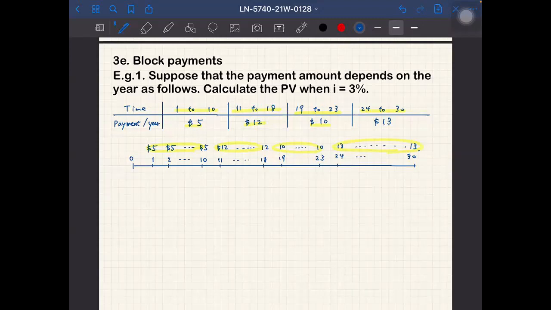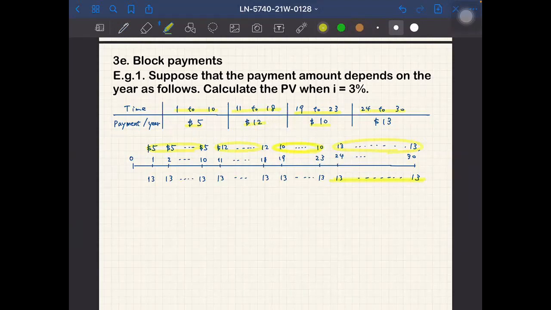So we think about the $13 payment for 30 years first. Basically we match the numbers from the 24th year to the 30th year. Now that we matched this portion, we want to match this portion: $10 for the 19th to 23rd year.